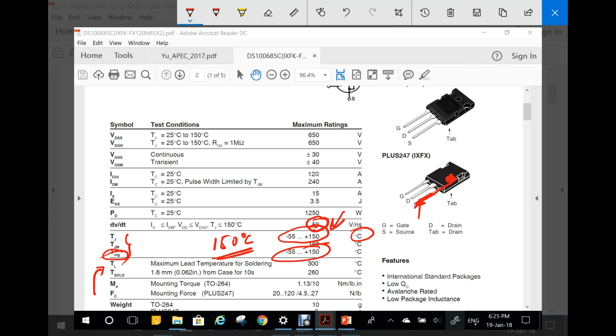So it says that this should not be more than 300 centigrade, and also that if you are at a given distance and heating it up, you are allowed to have 260 degrees for 10 seconds. Okay, so you have to do it quickly. Don't hesitate, and don't touch the pin with the soldering iron for a long time, because this could actually damage the device inside.